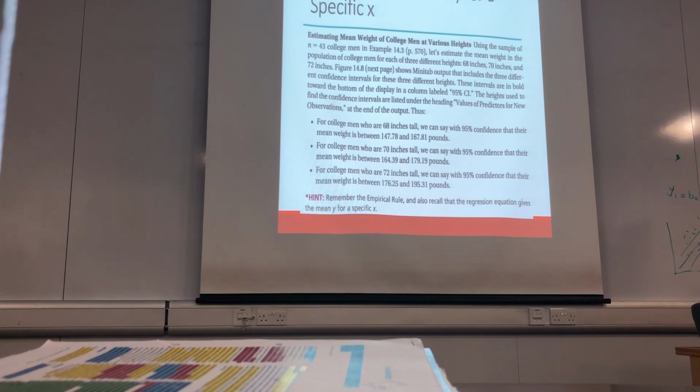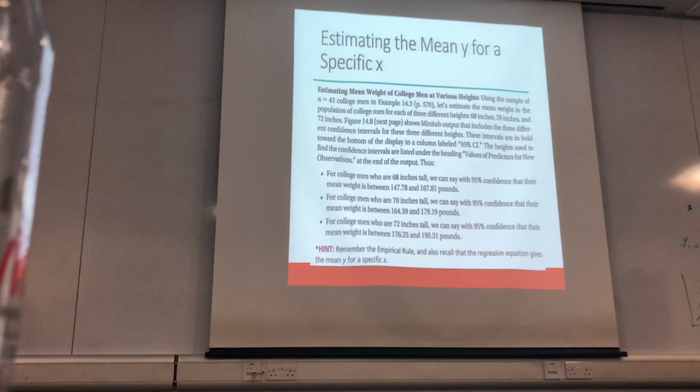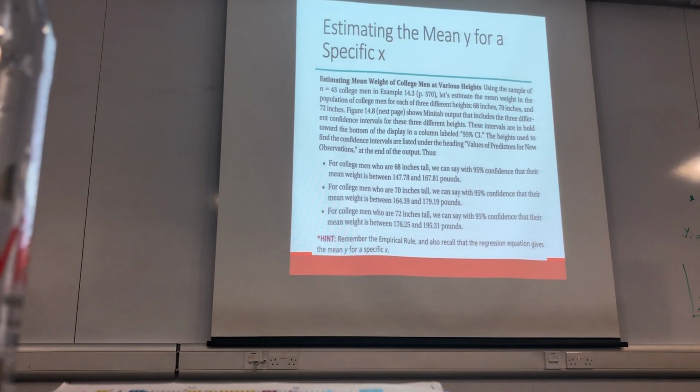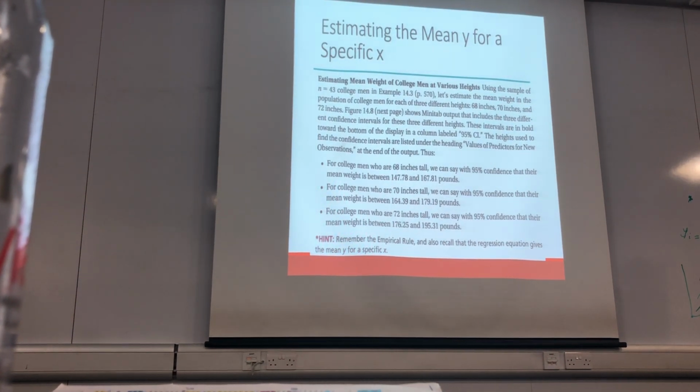Here we are estimating the mean prediction; we are estimating the mean y for a specific value of x. Basically, now you can see the difference: I'm using the confidence interval for the actual values in the data the regression came from. For college men who are 68 inches tall, we can say with 95% confidence that their mean weight is between 147 and 167.